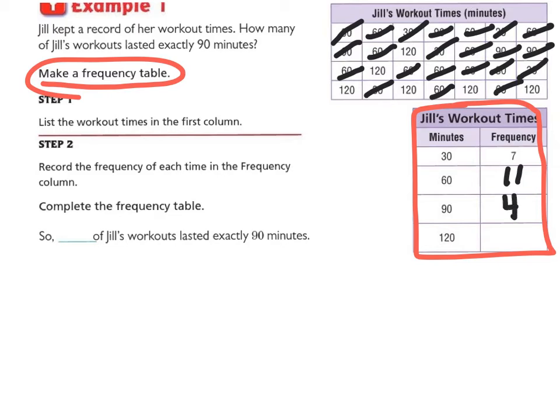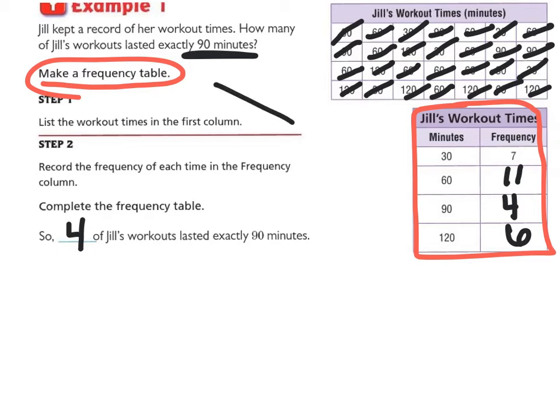And 120 minutes: 1, 2, 3, 4, 5, 6. The question asks how many 90-minute workouts she had. So 4 of Jill's workouts lasted exactly 90 minutes.